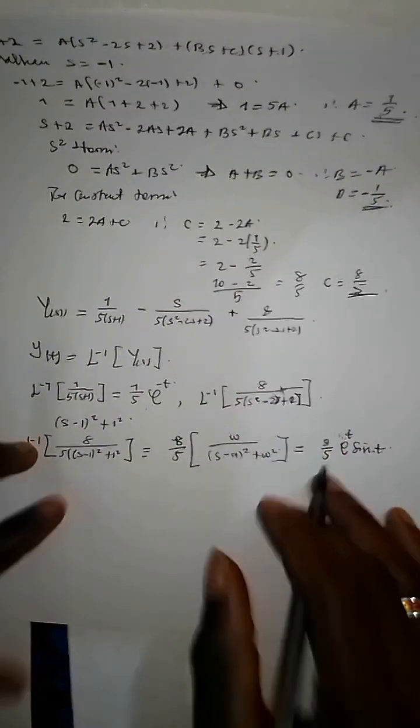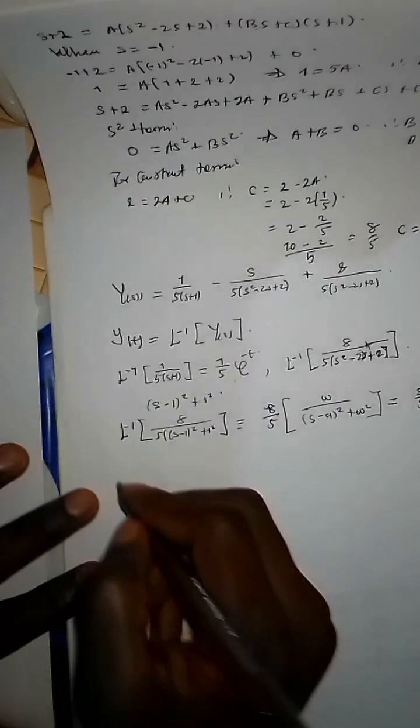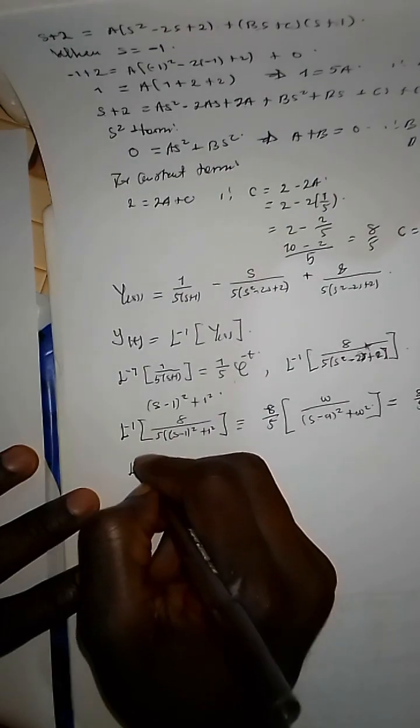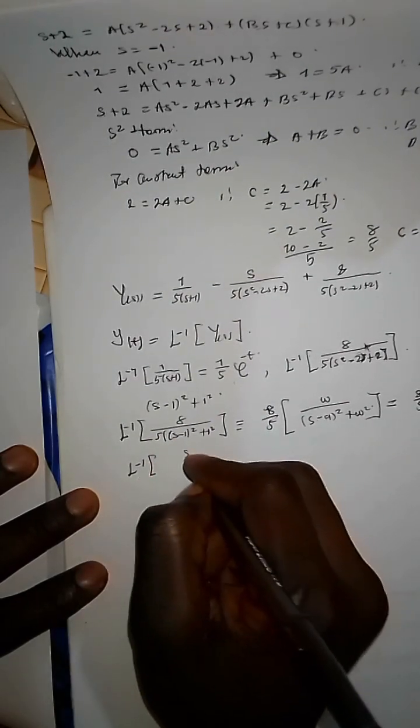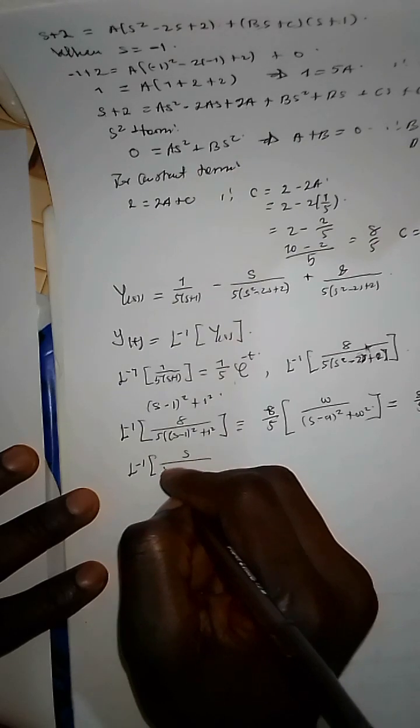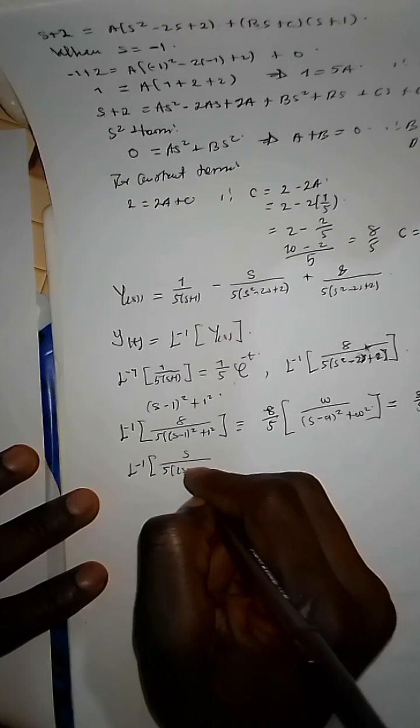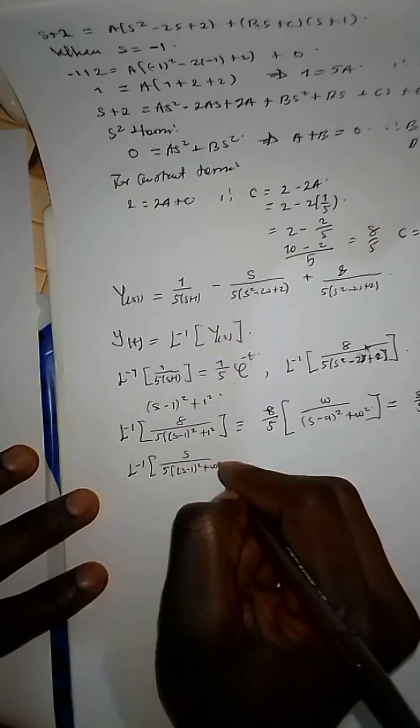Same for the inverse Laplace transform of s all over 5 into s minus 1 squared plus omega squared.